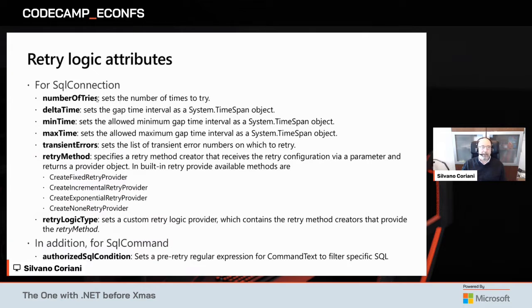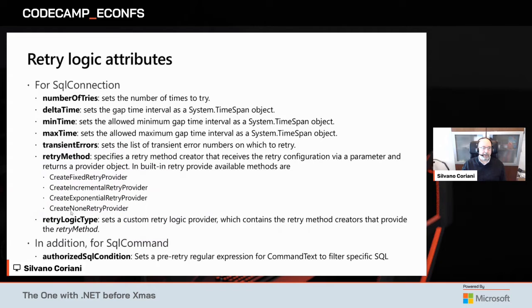As we were saying, the number of retries, min and max, the list of transient errors, the retry method, if we want to do a fixed interval type of retry, or an incremental or an exponential one. So wait, let's say 2 seconds, and then 4, and then 8, and such, right?